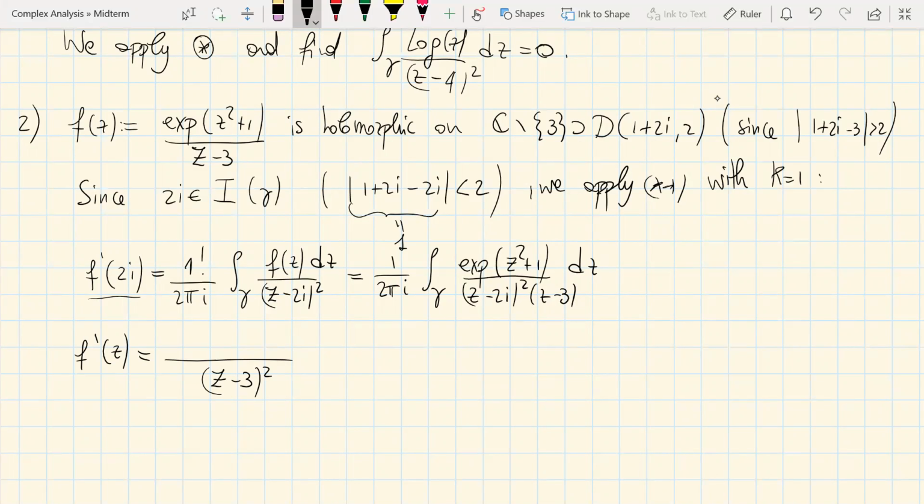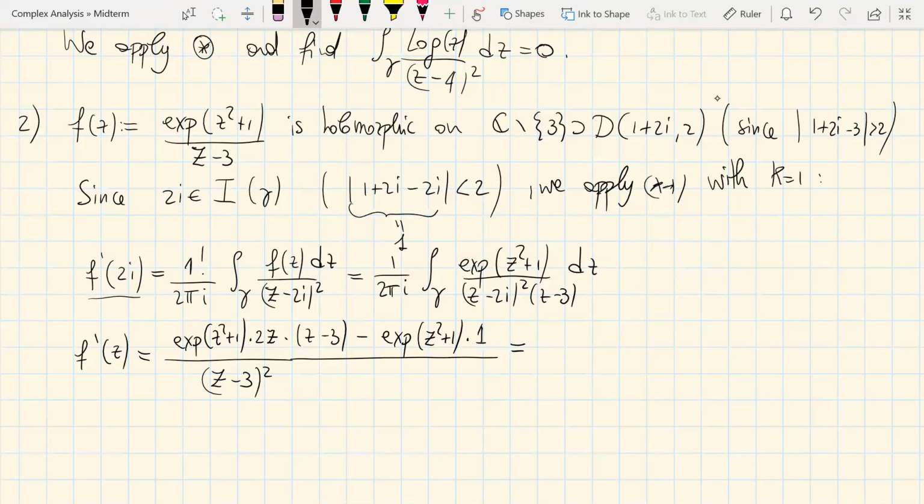This is an exponential, so we use the chain rule: exponential of z squared plus 1 times 2z times (z minus 3). And then we have exponential of z squared plus 1 times the derivative of the denominator, which is 1.